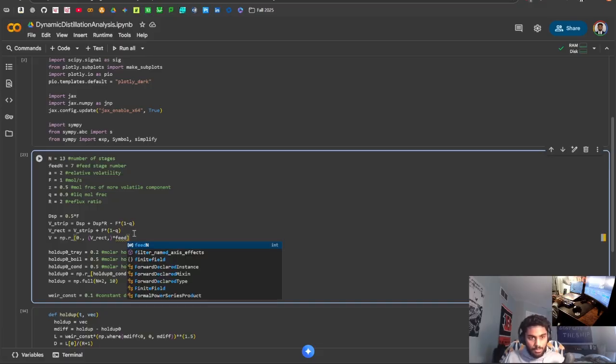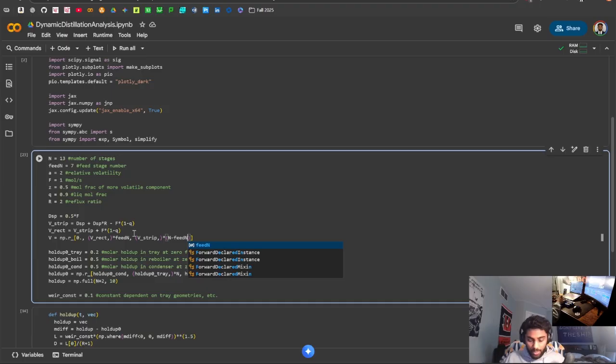There you go. And then for everything below that feed stage is going to be our stripping, so v_strip, and this is going to be for every stage below the feed stage, but still adding in one more for our reboiler.